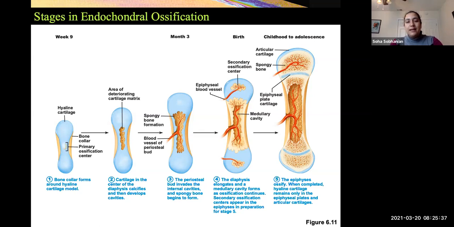Epiphyseal line is what we refer to it as during adulthood. Both are made up of hyaline cartilage. The only difference is that the epiphyseal plate is used to grow the bone, versus the epiphyseal line is just there. They're not really helping the bone grow. So basically the person has reached their maximum height or growth rate.